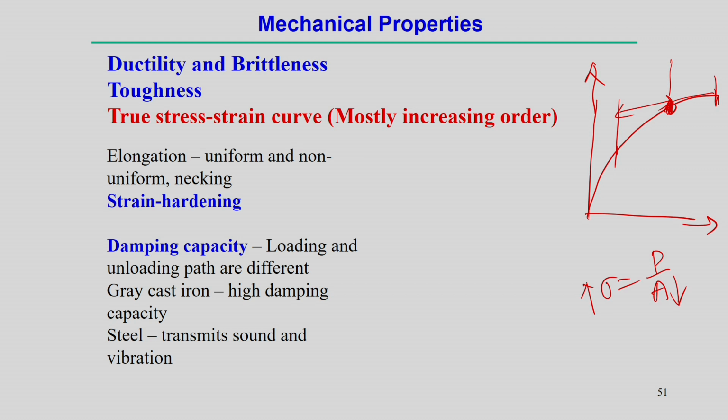Then the strain hardening parameter is also sometimes represented, because strain hardening means that after the yield point the strength of the material actually increases with the straining of the component. So, if the material has some strain hardening effect, it means that with further straining the yield point value, the strength level, actually increases.